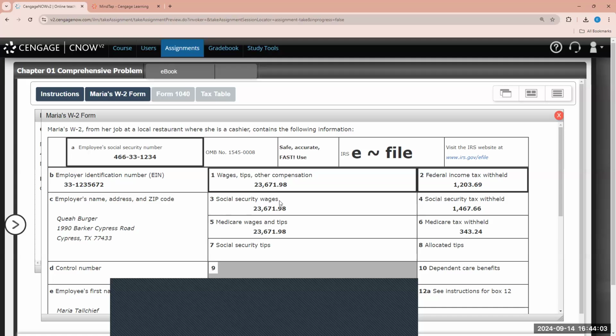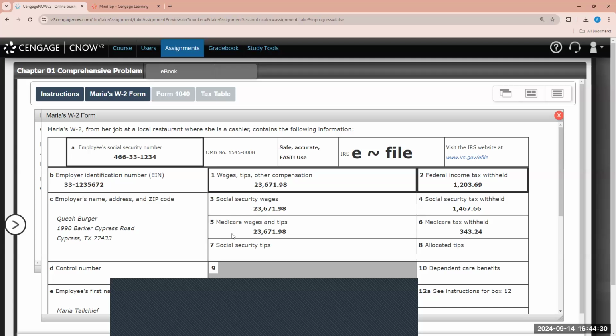So again, there might be certain situations where you'll see a difference between box 1, box 3, and box 5. In those situations, that's essentially because an individual can take advantage of a 401k, right? You can have deferred compensation. So let's say an individual made $30,000 for the year and they put aside $5,000 through a deferred compensation with their job.